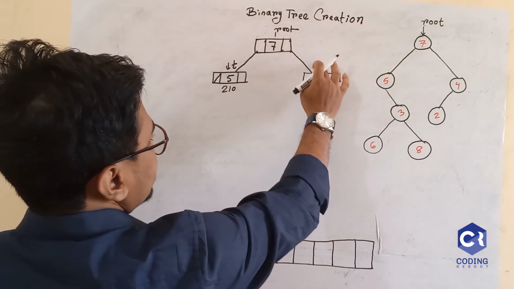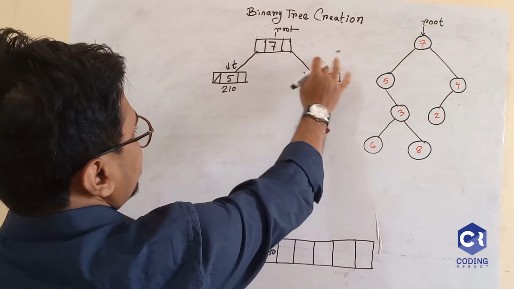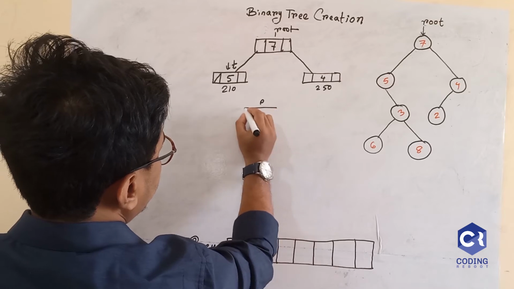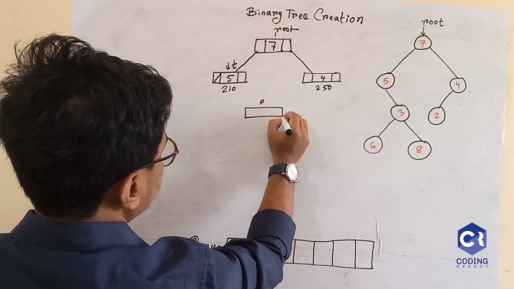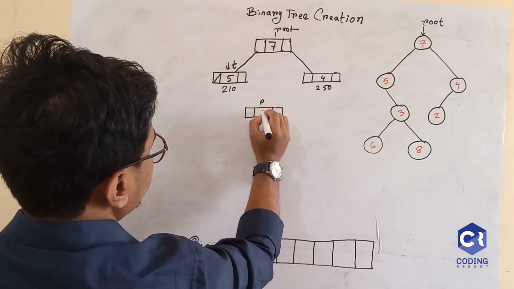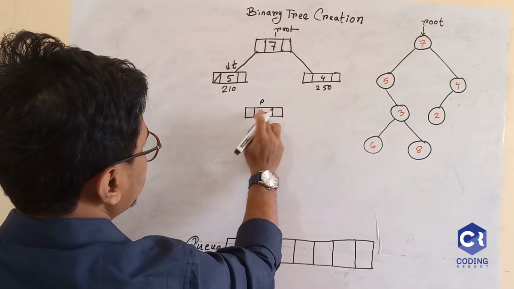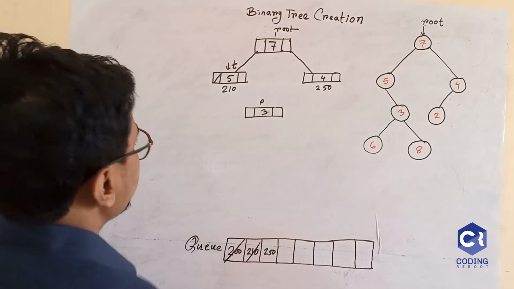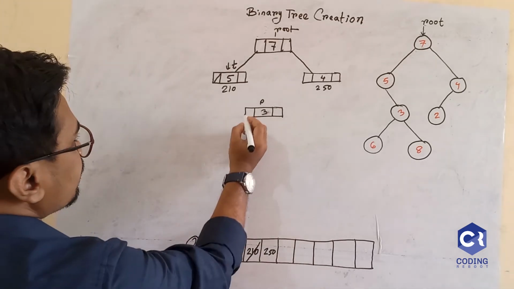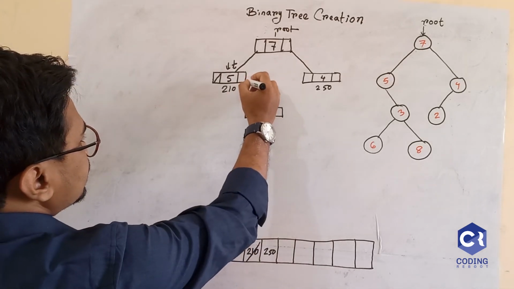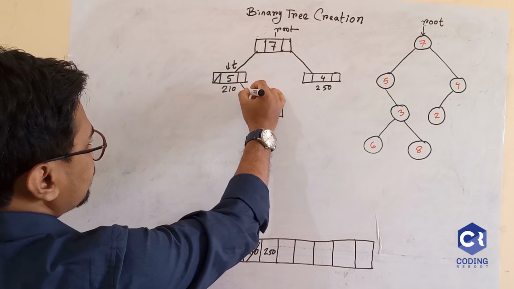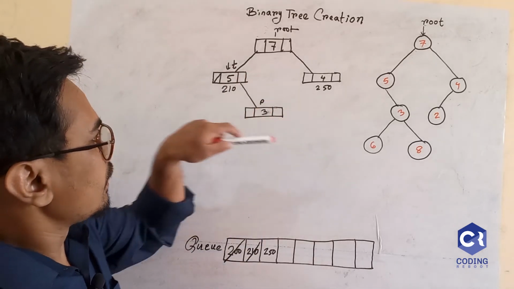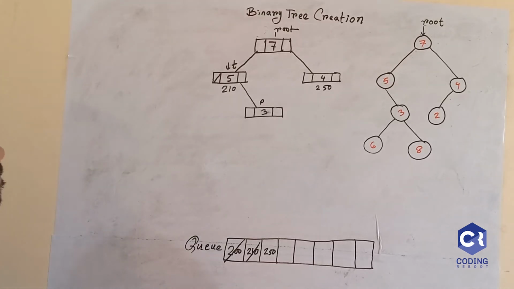Again, take this temporary pointer P here, and create a new node and insert 3, and link 5 and 3, because 3 is the right child of 5.